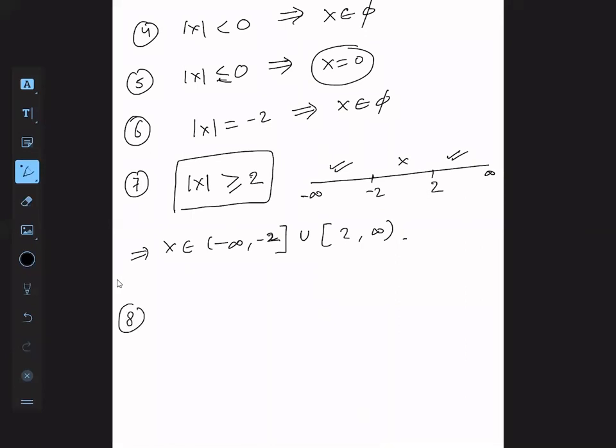Clear? Similarly, if mod x is greater than 2, then the only change is the equality at minus 2 and plus 2. So here there will be strict inequality. There will be open intervals at plus minus 2.